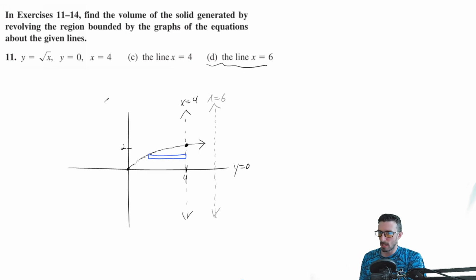Now we're still taking that same region we were dealing with before, the region that is in here, and has a sample rectangle that's still there, but we're going to be rotating that rectangle not around x equals 4 anymore. That's still going to be our boundary for our region, but the vertical line that we're going around is x equals 6.